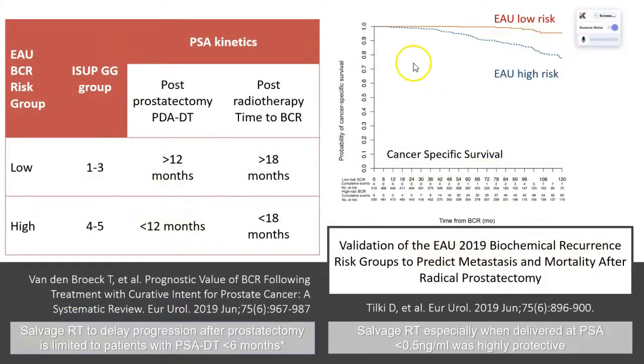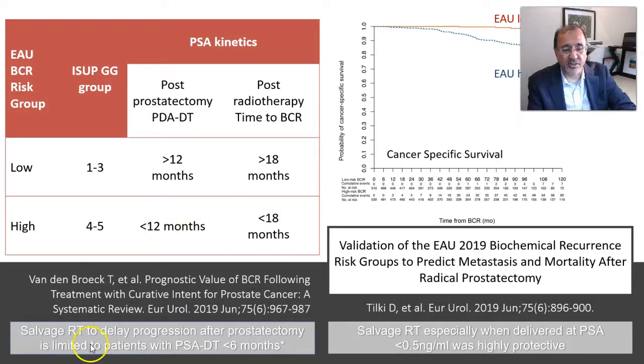And you can see that low-risk biochemical recurrence patients can live many, many years and still have an excellent cancer-free survival, whereas if you have high-risk biochemical recurrence, these patients will fade away over time. So these are the people that you can salvage.